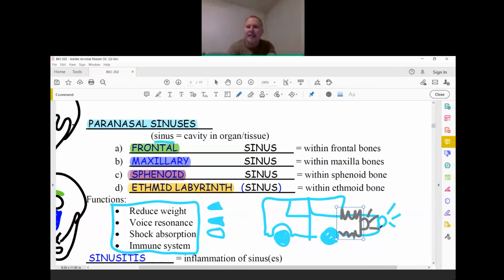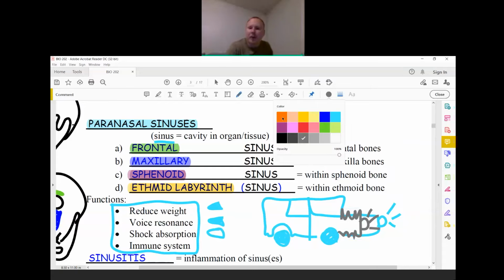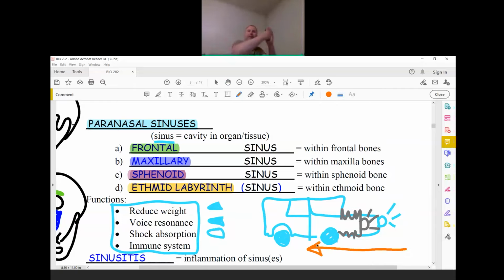That's actually a design of the cars on purpose. The idea is that the front of the car giving in absorbs some of the force, rather than hitting hard to the driver and passengers, so it's not as strong and doesn't cause as much damage.